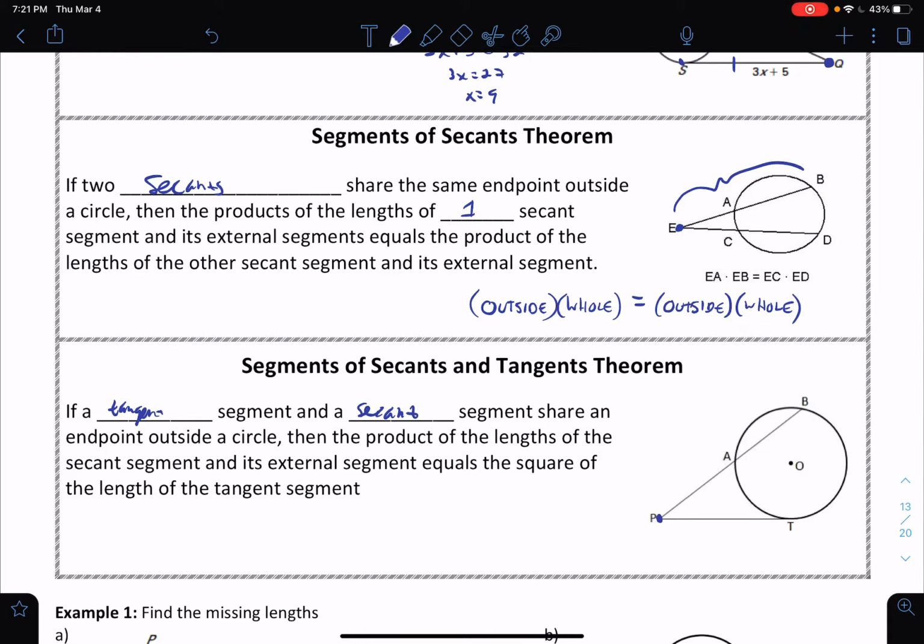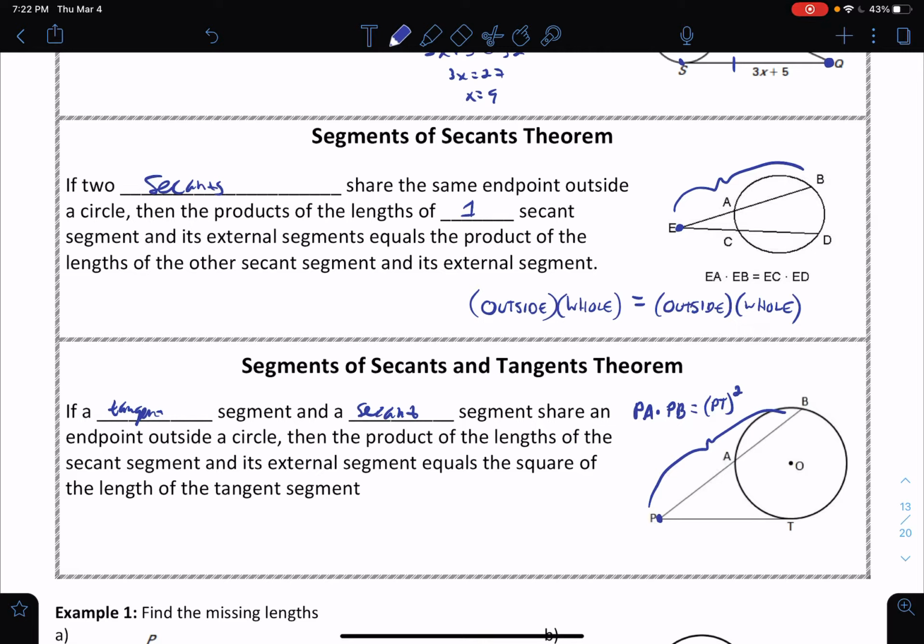So once again, what is this saying? It's saying the outside part, which is PA, times the whole, which is PB, equals the square of the tangent segment. But really, this is just a special case of the relationship right above.